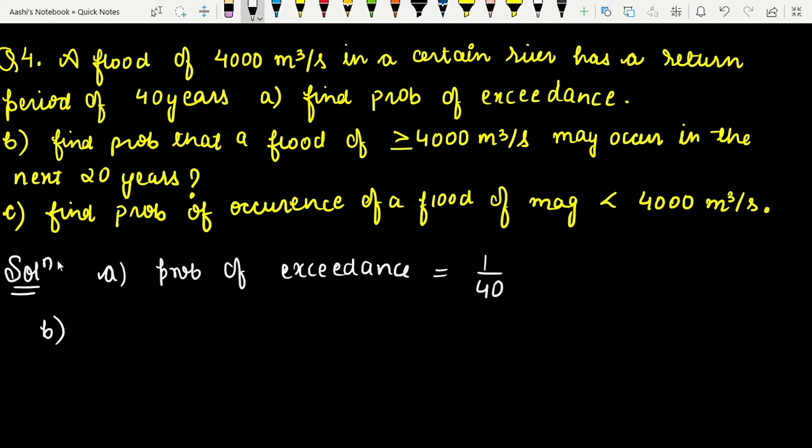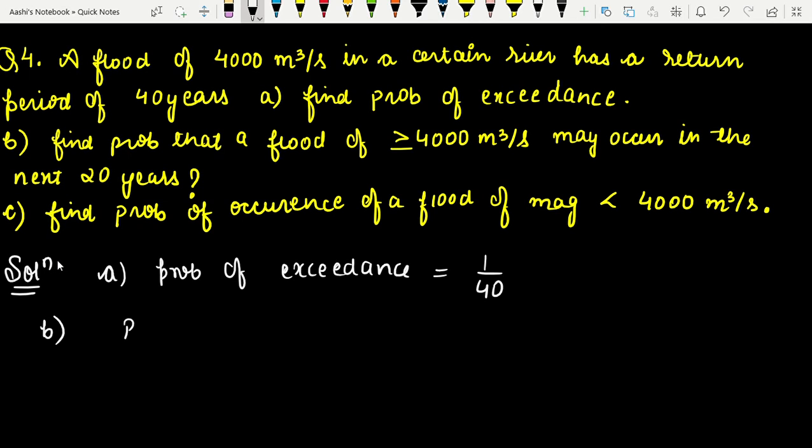Next part of the question says, what is the probability that this event of flood of more than or equal to 4000 meter cube per second may occur in the next 20 years? That means out of the next 20 years, maybe this event can occur one time, two times or three times. We don't know. What is the probability associated with that?